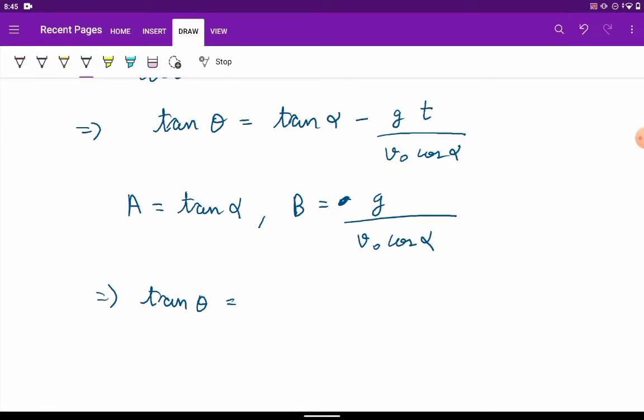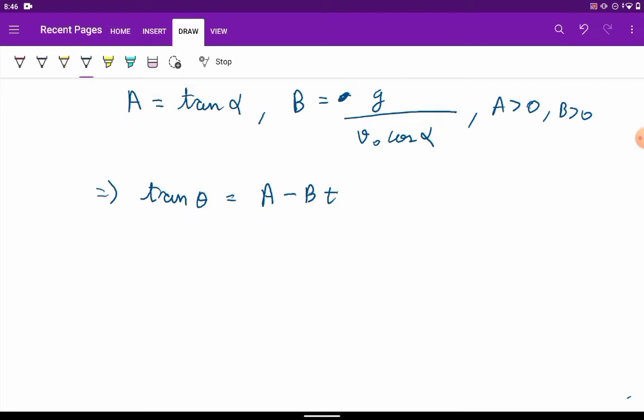We can substitute these terms back later if required. This becomes tan theta equal to A minus Bt, and of course A is greater than 0, and B is also greater than 0. A and B are obviously constants. Now there are two ways we can handle this.